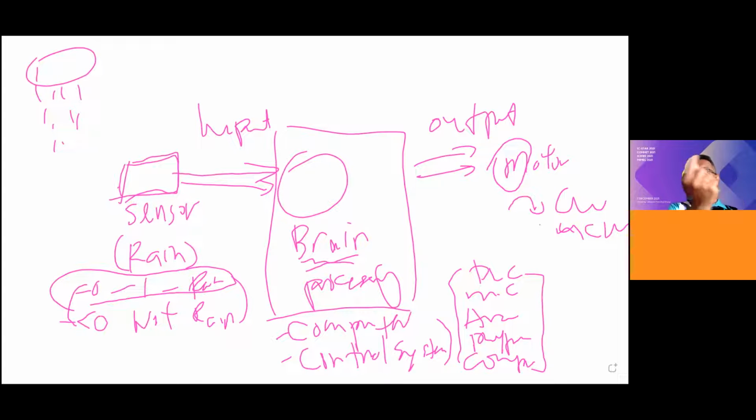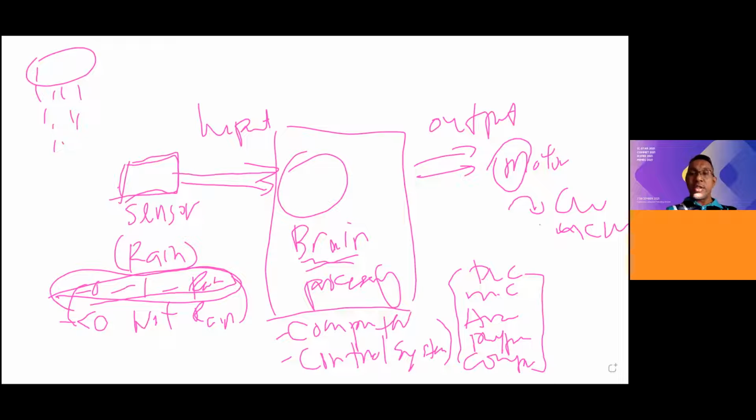Because the condition 0 to 1 is raining, the motor will rotate clockwise to make the retraction process. But when it is not raining, the signal also goes to the brain, the brain processes it, and it is sent to the motor. Now the condition is vice versa, anti-clockwise turning, so the motor will extend to a better condition outside, the door or whatever.